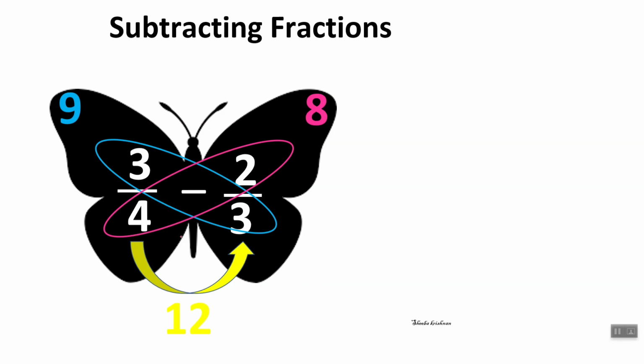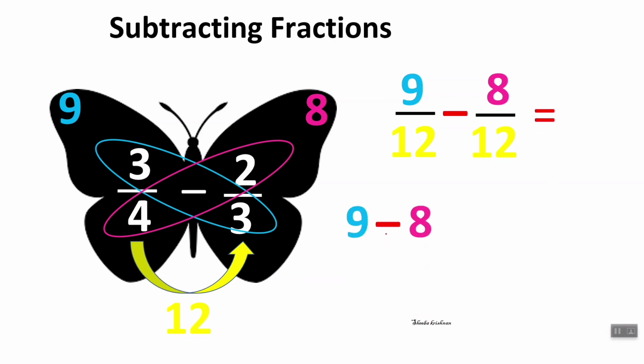Then we multiply the denominators 4 and 3. 4 times 3 is 12. So we have 9 by 12 here and 8 by 12. So we will subtract 8 by 12 from 9 by 12. That means 9 minus 8 by 12. That is 1 by 12.